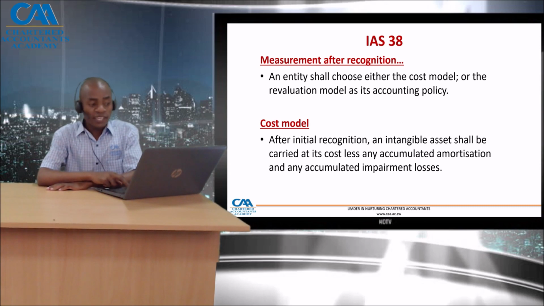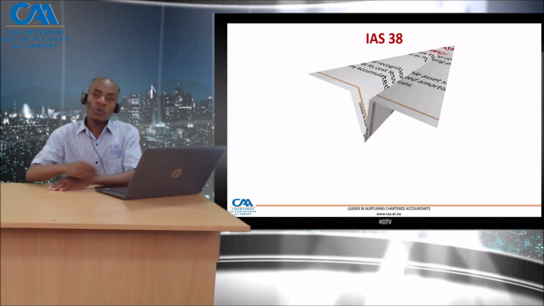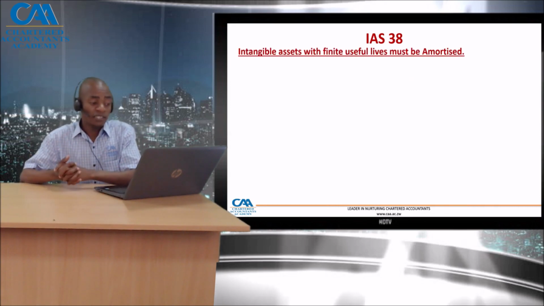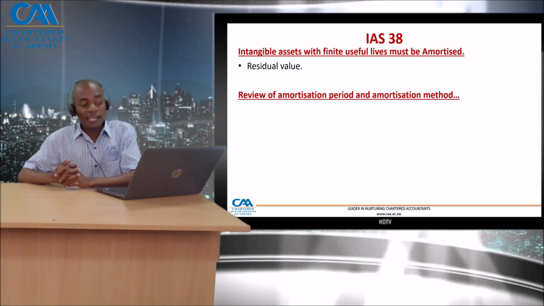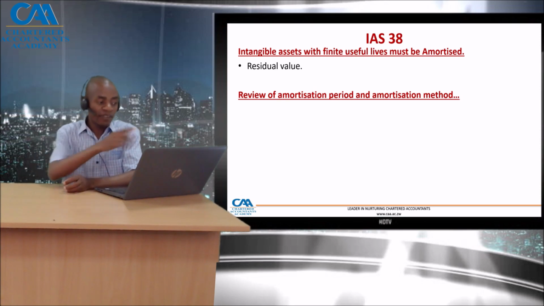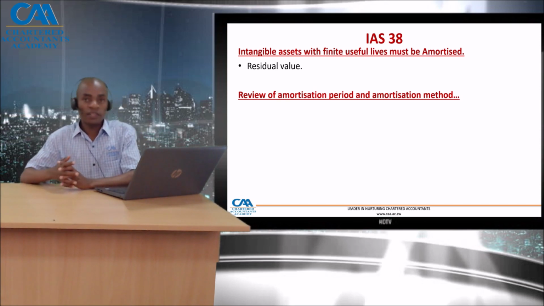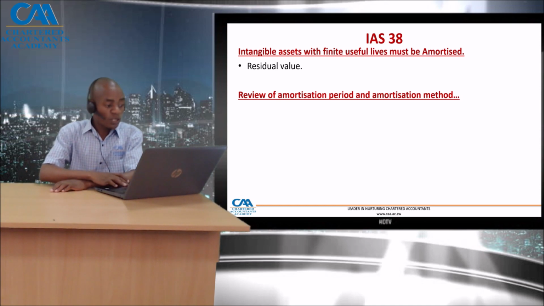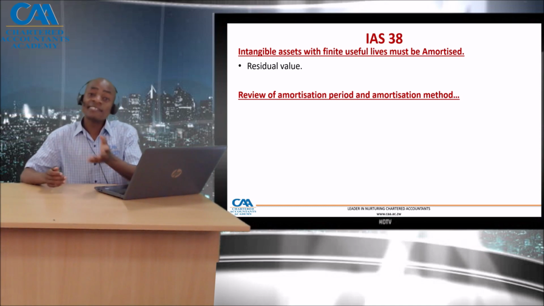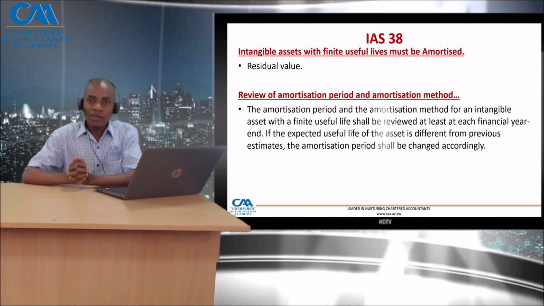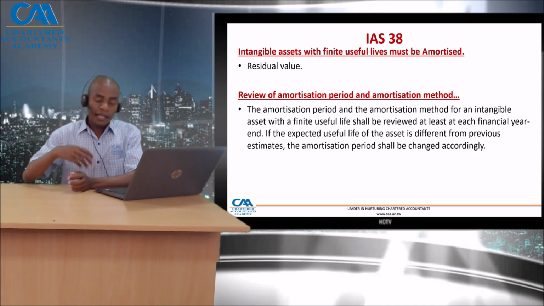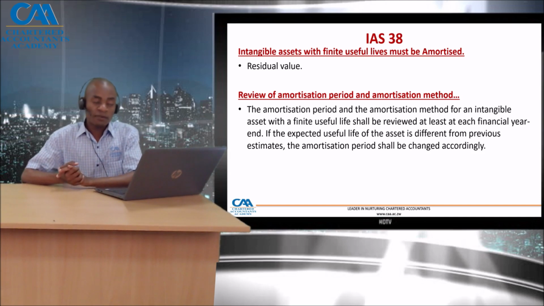Then moving on to the next slide, as far as intangible assets are concerned, they might have a finite useful life, and under finite useful life, I think we have dealt with the residual value. Then moving on, the entity might also review the period of amortization.